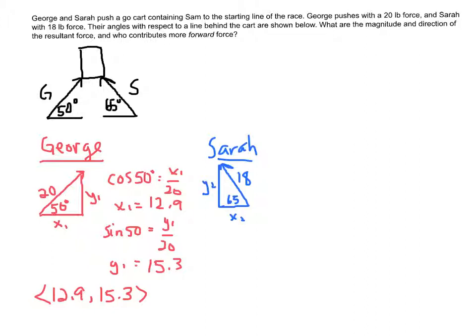And so the same idea as what we did with George, we're going to do the cosine of 65 degrees, and that's going to equal the x2 over 18. And for the y component, we're going to use sine, because the y is the opposite of 65 degrees. Sine of 65 equals y2 over 18.